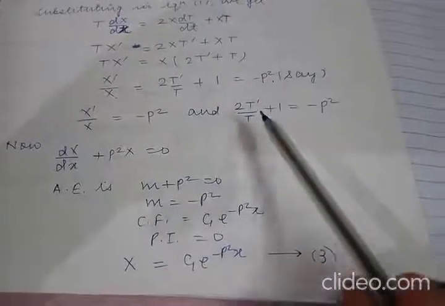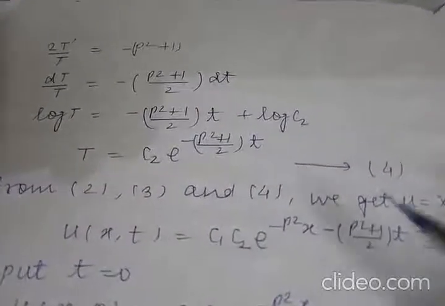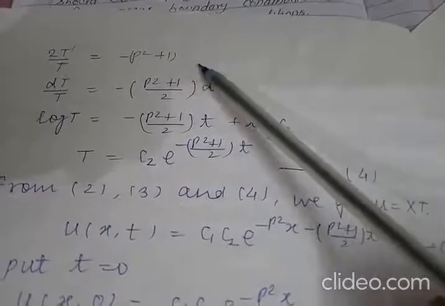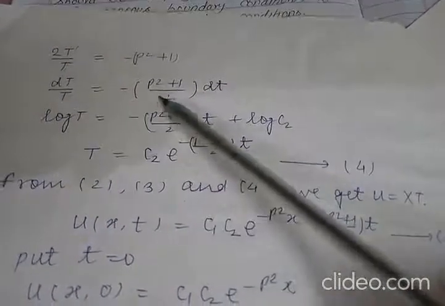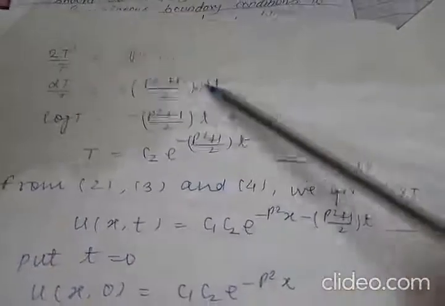Now on solving the other part, that will be 2t dash plus 1 is equal to minus p square, which will be here 2t dash plus t is equal to minus p square times t plus 1. Now dt upon t will be minus p square plus 1 by 2, this 2 came here, and dt.